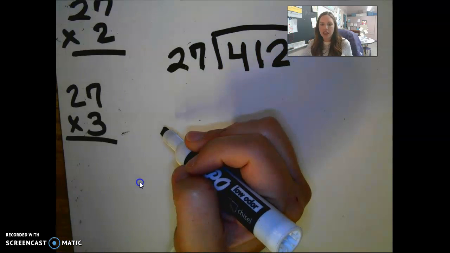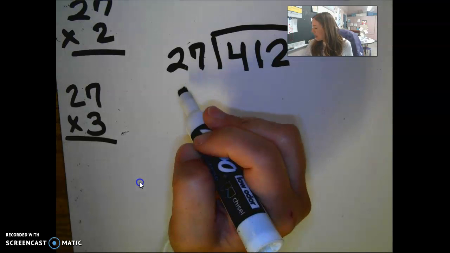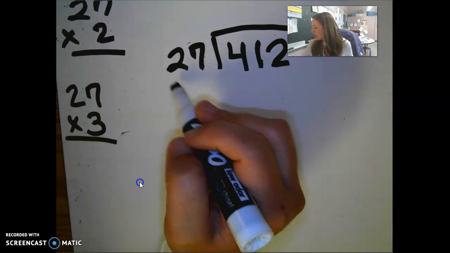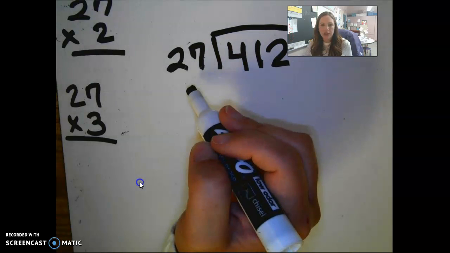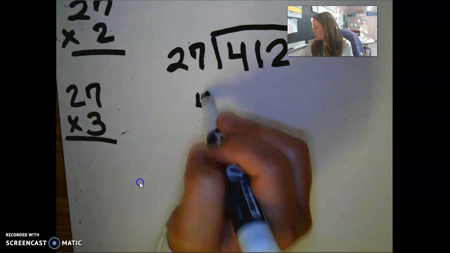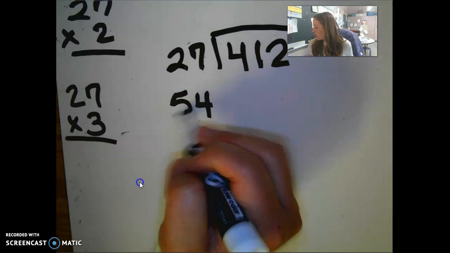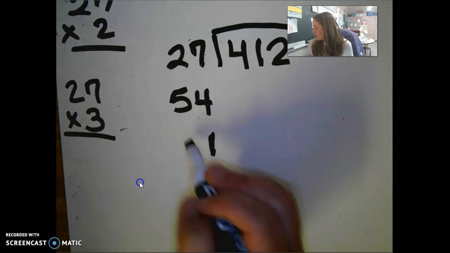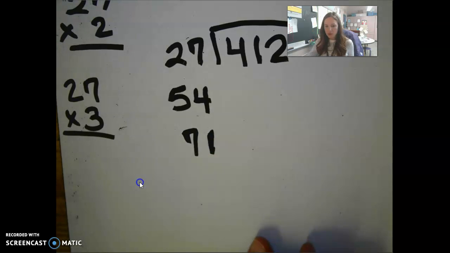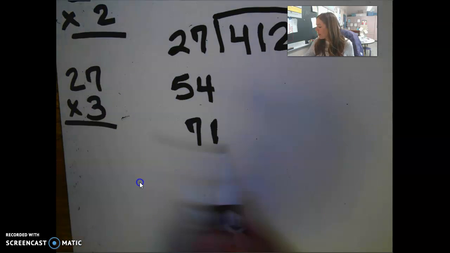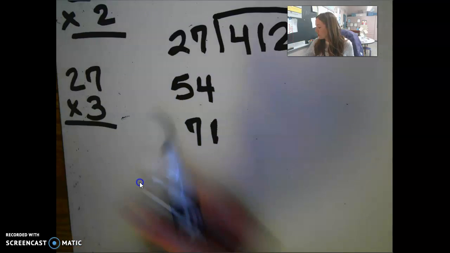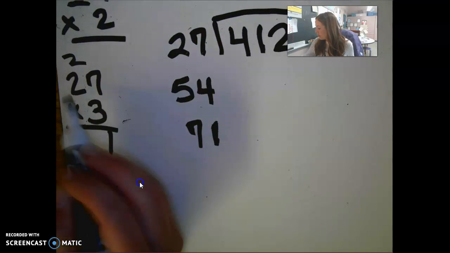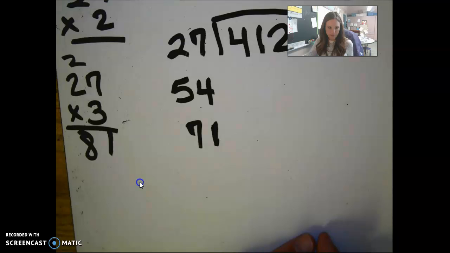The problem with that again is, so let's say you decide to add 27 and 27 in your head and you get 54 and then add 27 again and you get 71. Okay, well, we know that 27 times 3 is 81.